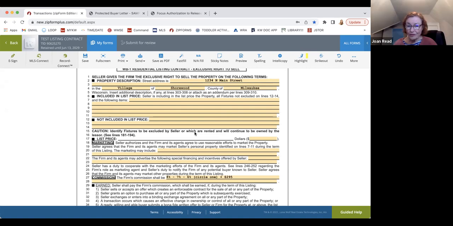Rented water softeners are big. Caution on line 15, there's a big caution for us right there: identify fixtures to be excluded by seller or which are rented and will continue to be owned by the lessor. So make sure when you see a water softener while touring a home, you ask that question of the seller and put it down as an exclusion.